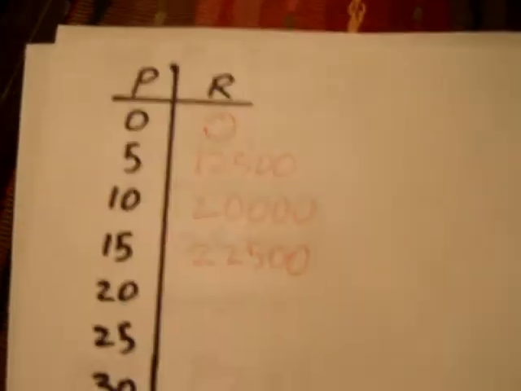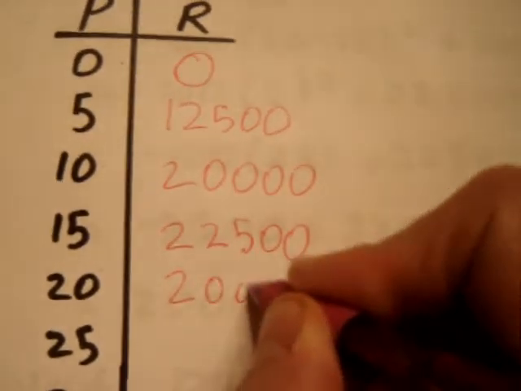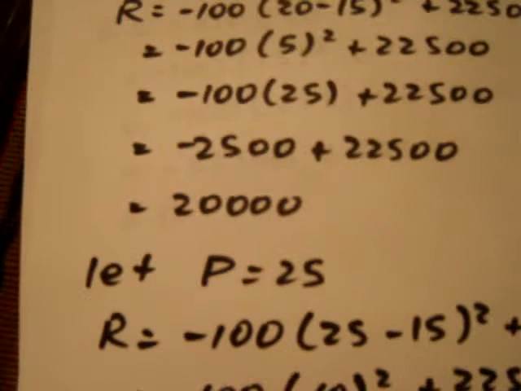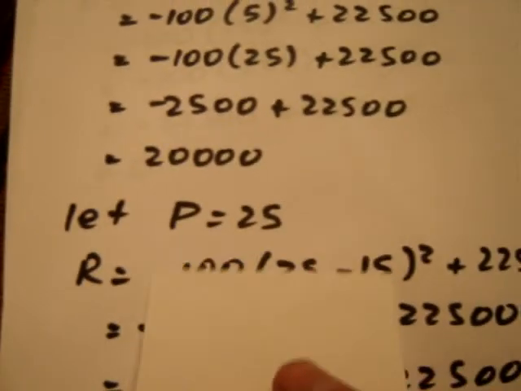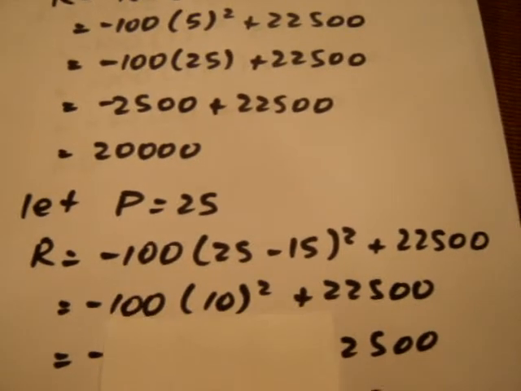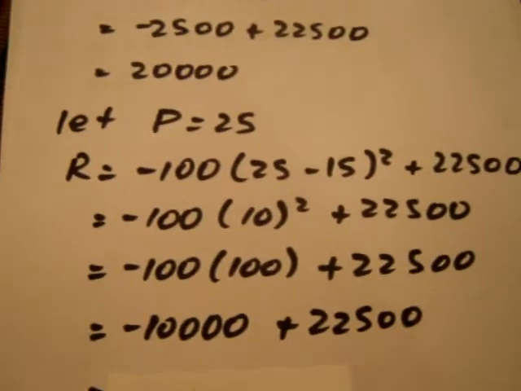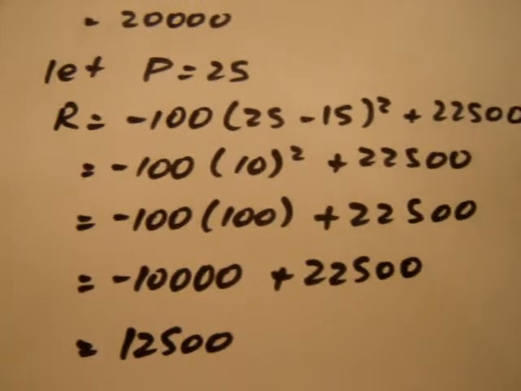So we see that the manager of the arena just overshot how much the price should be. Well, we're going to keep going just to really make the point. If the ticket price is $25, of course, less people are going to show up. So the revenue, following our same steps as before, is only going to be $12,500.